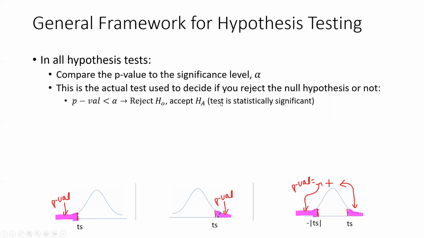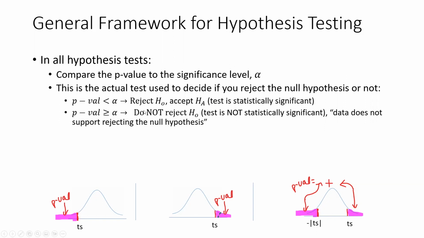The test is statistically significant. If the p-value is greater than or equal to alpha, you do not reject the null. The test is not statistically significant. And you would say something along the lines of, the data does not support rejecting whatever the null hypothesis is.